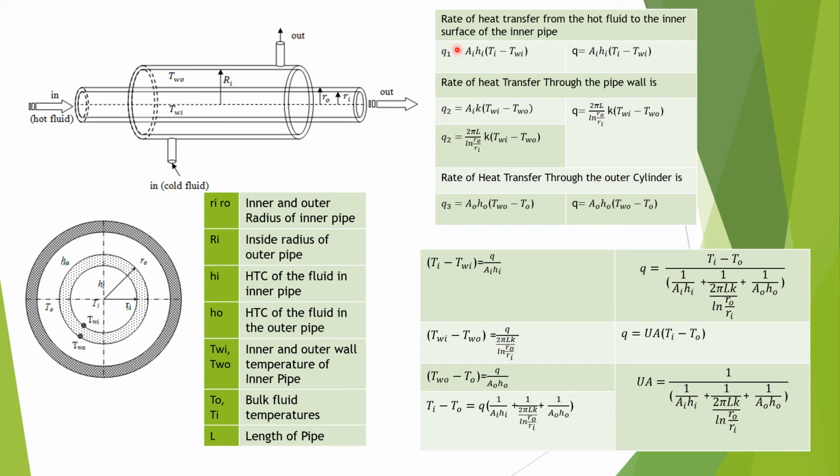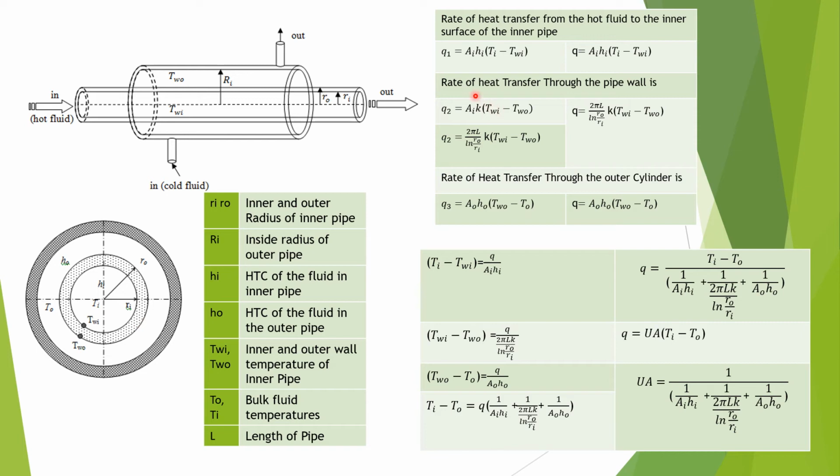So these are the three equations for that rate of heat transfer. And in the first case, that is when the heat transfer takes place between the hot fluid and the surface of the wall, it takes place by convection. We have written over here the Newton's law of cooling and used notations as mentioned here. And the heat transfer through this wall takes place by conduction.